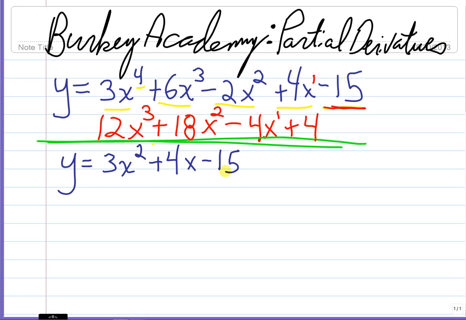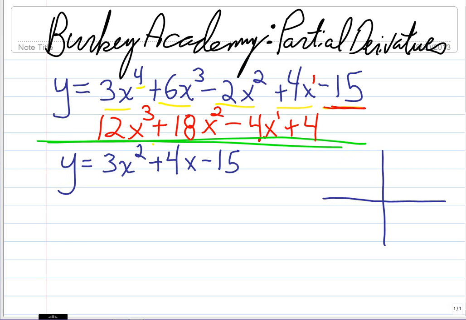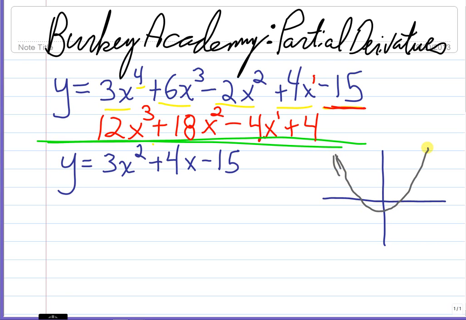Let's put that 15 there again. Now, this is a parabola. So let me just graph a random looking parabola over here. And this function is going to look something like this. It's going to be an upward sloping parabola, something kind of like this.